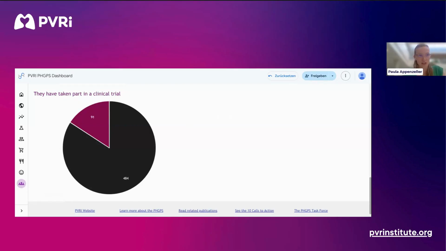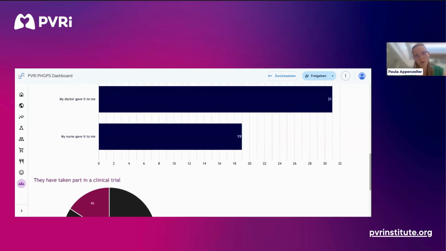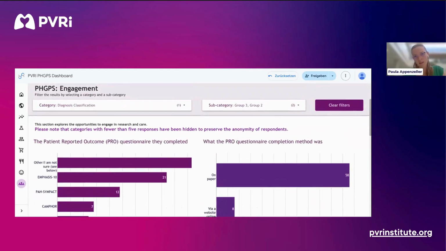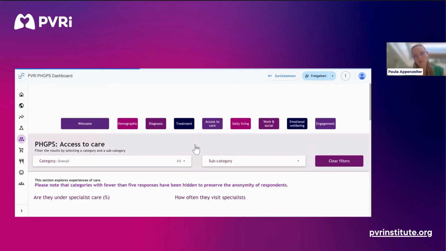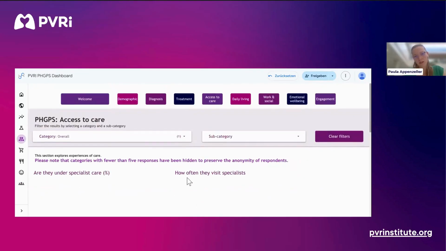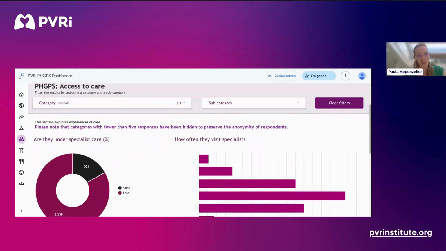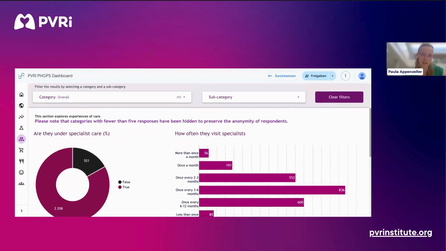And we can go and check that. If we have this assumption, we see only 16%, but probably that's not representative of the global group 2 and 3 population. We can go and check that in the Access to Care tab, where we can see if patients are under specialist care or how often they visit specialists.